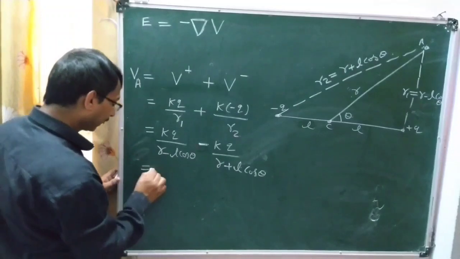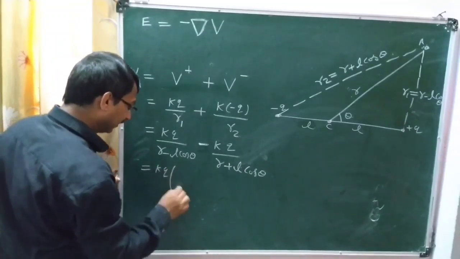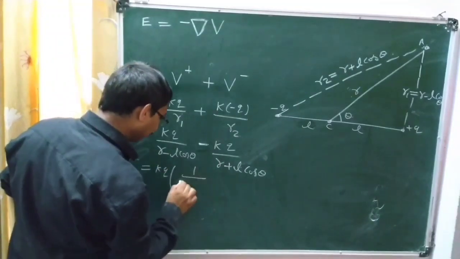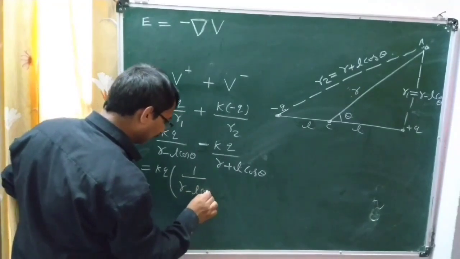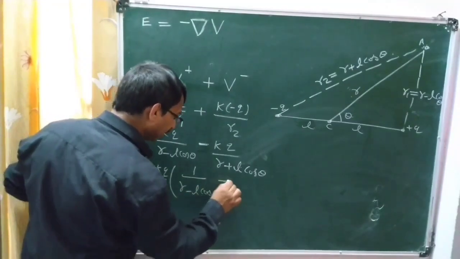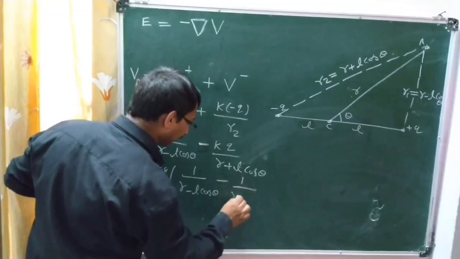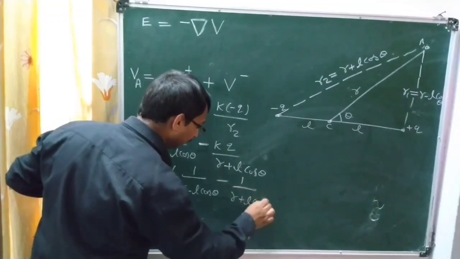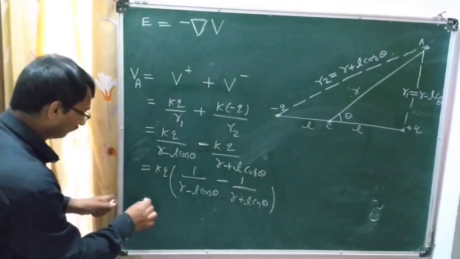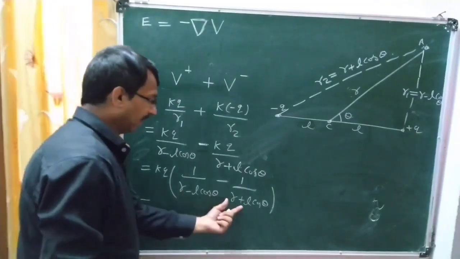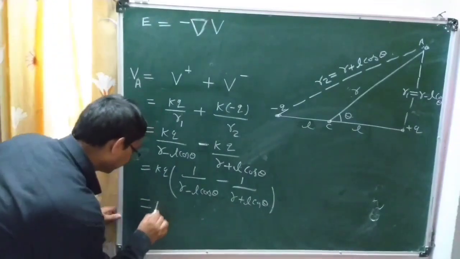Now solve it. Take kq outside the bracket: 1 upon r minus L cos theta minus 1 upon r plus L cos theta. You can simply solve this term by taking the LCM.